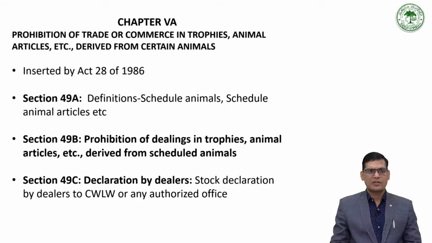According to Section 49C, every person carrying on a business or occupation referred to in Section 49B shall, within 30 days from the specified date, declare to the Chief Wildlife Warden or the authorized officer his stock of scheduled animals and their derivatives.